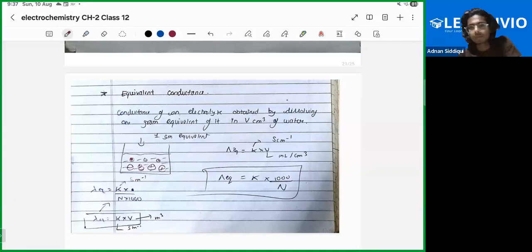Before starting the class, I would request you to please turn on your webcam. Sir, one mole at STP, then it is called molar conductance. Are you using the term STP? Do you have the notes with you?